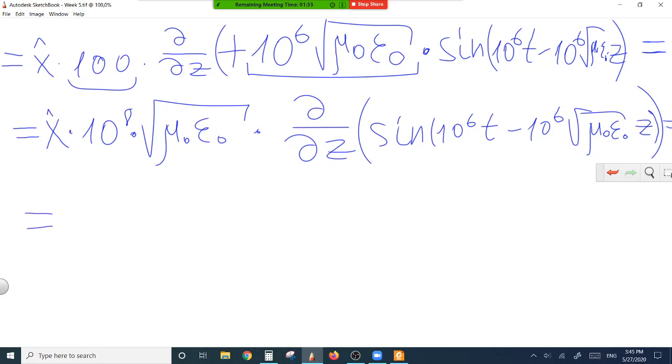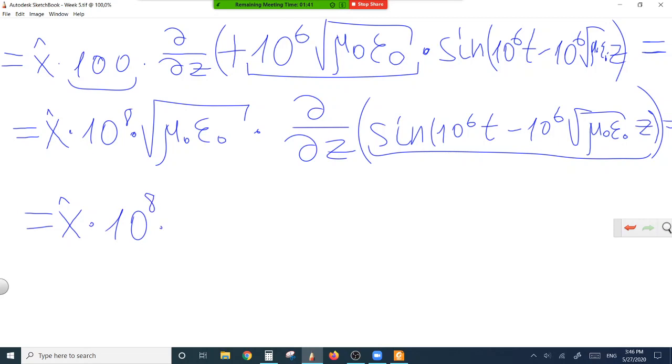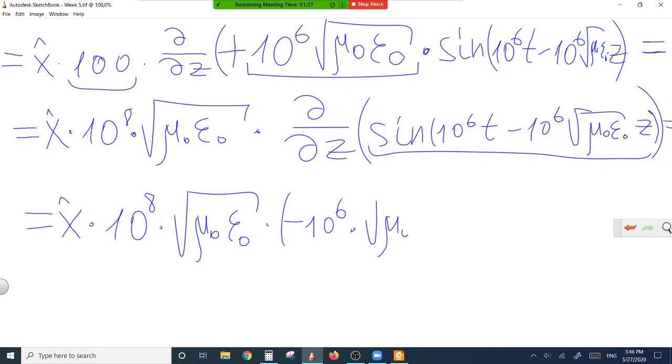Now we need to take the derivative of sine with respect to z again. So x is here, 10 to the power 8 multiplied by square root of mu 0 epsilon 0, multiplied by the derivative of the argument, which is minus 10 to the power 6 square root of mu 0 epsilon 0, and the derivative of sine is cosine.